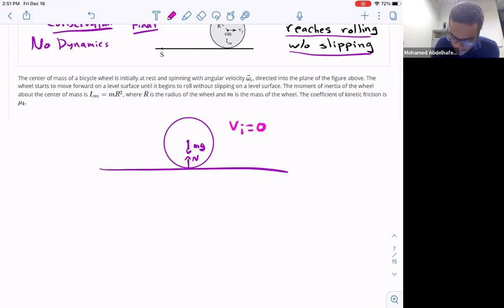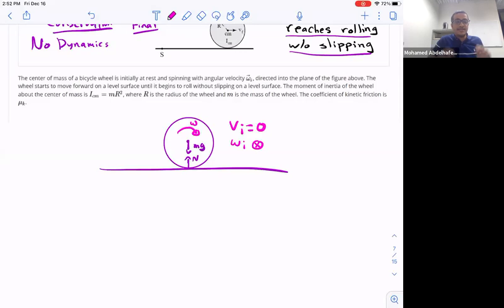Omega initial is not 0. It was into the page. Into the page means clockwise. That's the convention from the right hand. Into the page is clockwise. Out of the page is counterclockwise. So the clockwise rotation looks like this. That's omega.